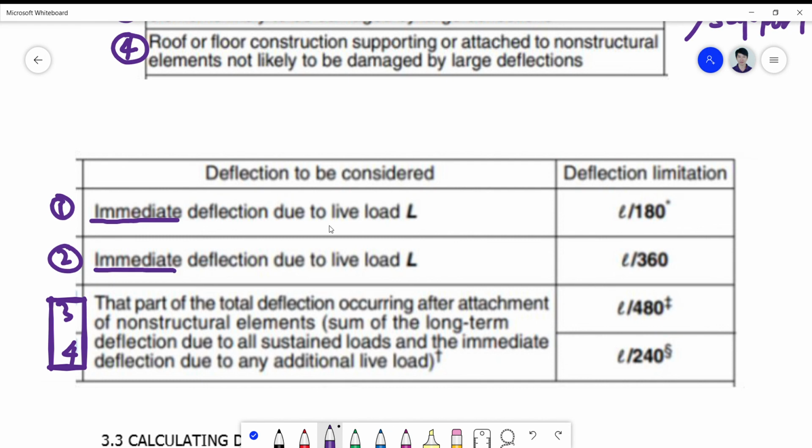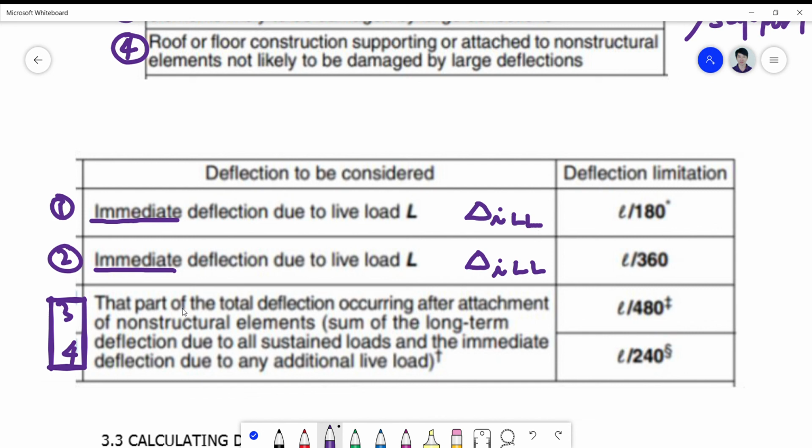I will discuss what immediate deflection is. This is due to live load, so its symbol is delta I LL. Immediate delta is deflection due to live load.